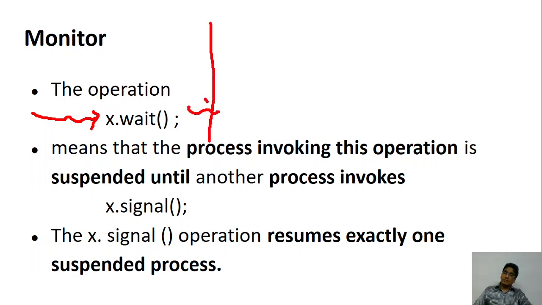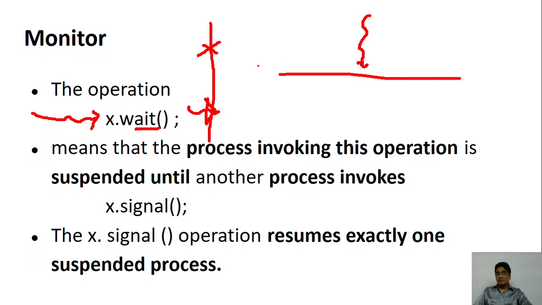It is like you are closing the gate. When wait is called on X, the gate is closed. Somebody else has to open this gate. So in other words, if a process comes here and calls X wait, this process is halted on X. Somebody else has to call signal on this.